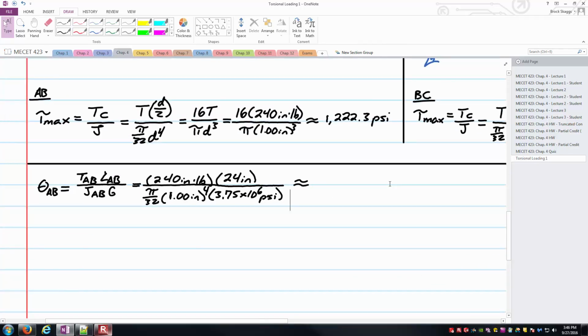Just grabbing my calculator, 240 times 24 divided by, and then the denominator is pi over 32 times 1 to the 4th, which is just 1, times 3.75 times 10 to the 6th. I'm getting here approximately 0.0156, we'll say.